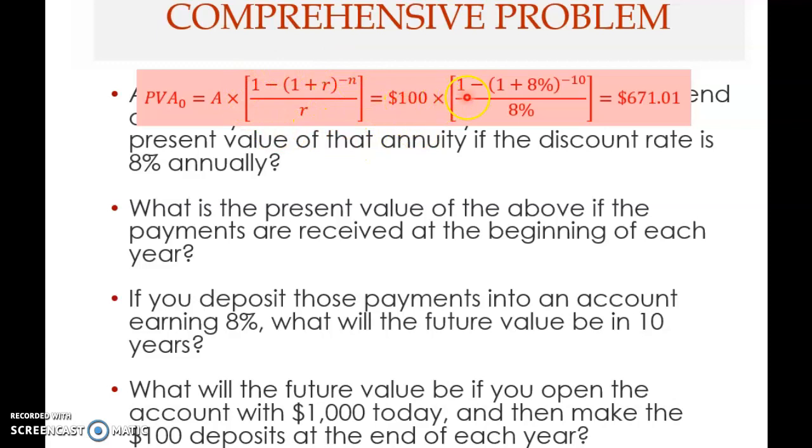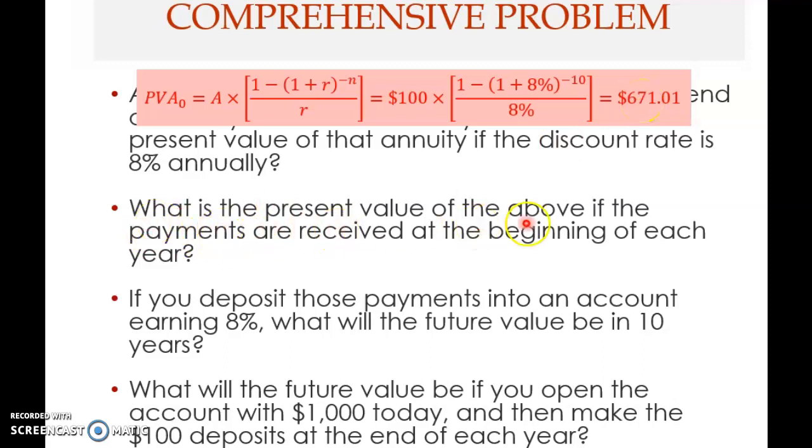So 100 multiplied by 1 minus 1 plus 8% raised to the power of negative 10, divided by 8%, you get $671.01. So this is the present value of this annuity. So in order to get this annuity over 10 years, you can pay $671.01 now.